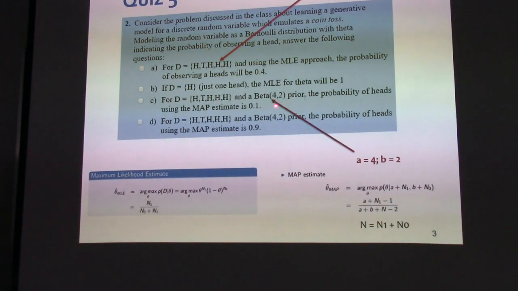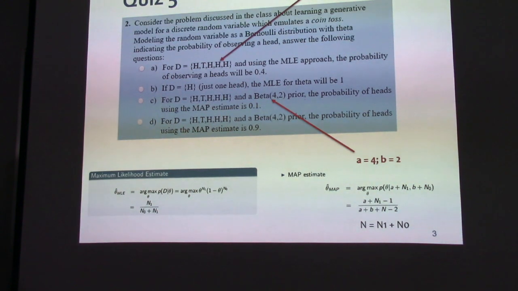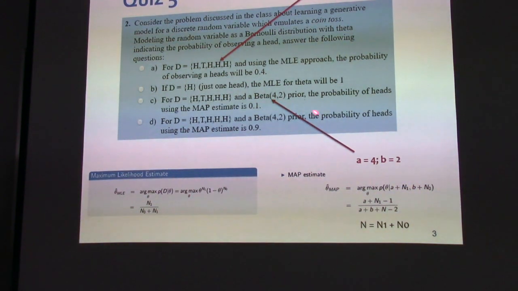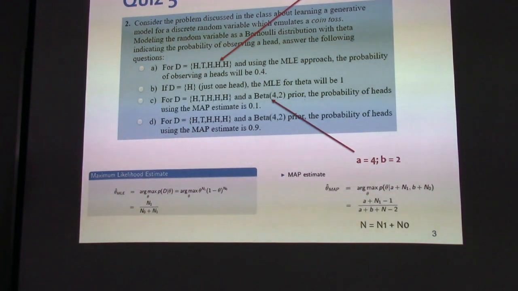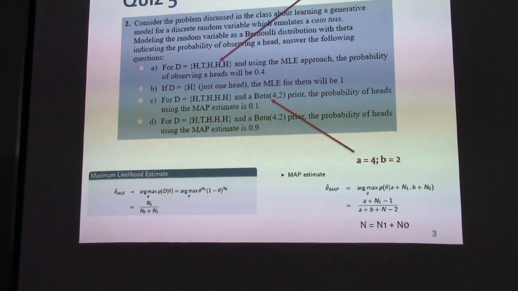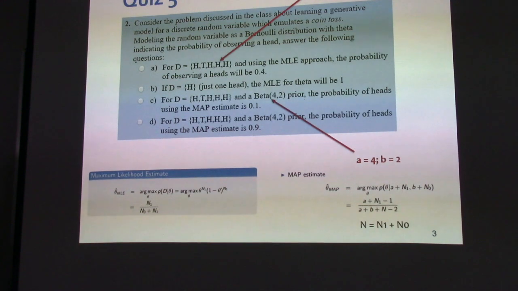I also need to emphasize that in the beta distribution, the first parameter is A and the second parameter is B. And both A and B are related to the prior probability. Do you have any questions so far?